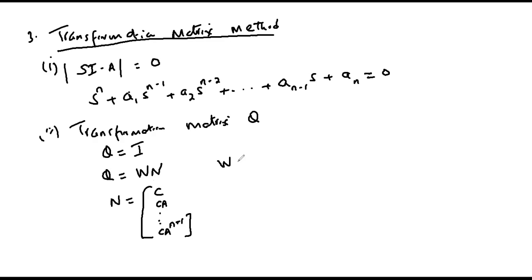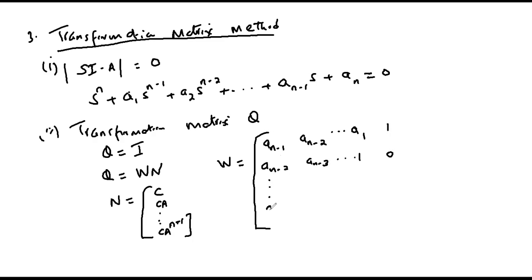And W is a matrix that is obtained from the coefficients of the characteristic equation of the matrix A, as follows. The first row will be a n minus 1, a n minus 2, and then all the way to a1, 1. Then we'll have a n minus 2, a n minus 3, 1, 0.